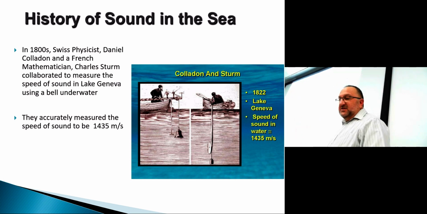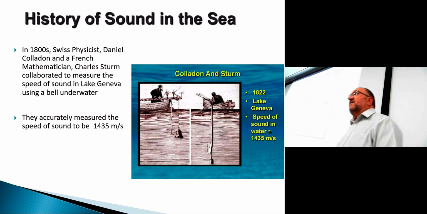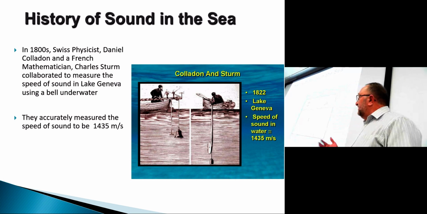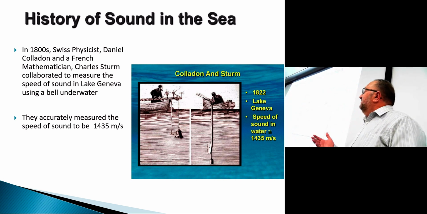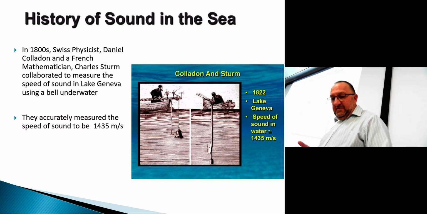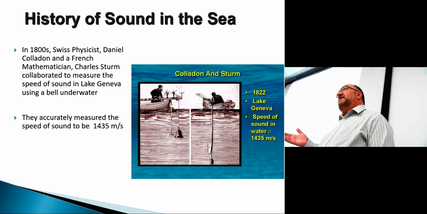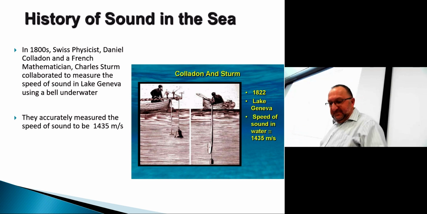They measured a sound speed of 1,435 metres per second, and that was the first quantitative measure of sound that had been done, and it was within about 2% of what current values are recognised to be.